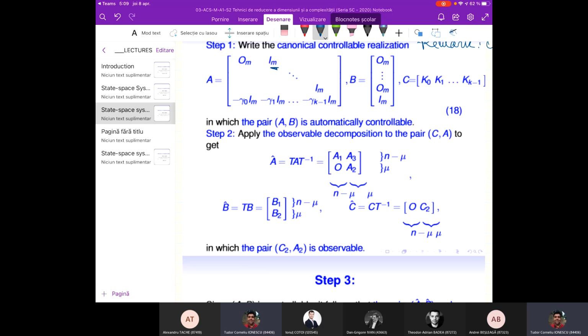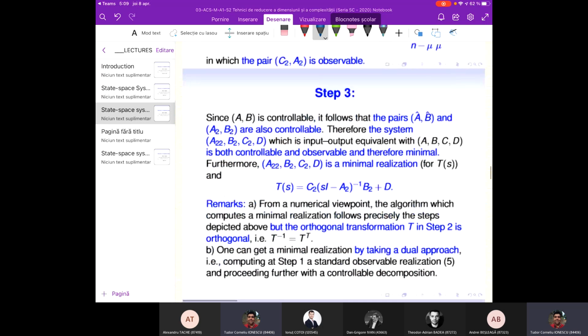We have to find the coordinate transformation such that we emphasize this block structure, such that the pair C2 A2 is observable, of course, and we also use B2. Step 3: since AB is controllable, it follows that the pairs A hat B hat and A2 B2 are also controllable. So any portion of a controllable realization is once again controllable. That only makes sense.